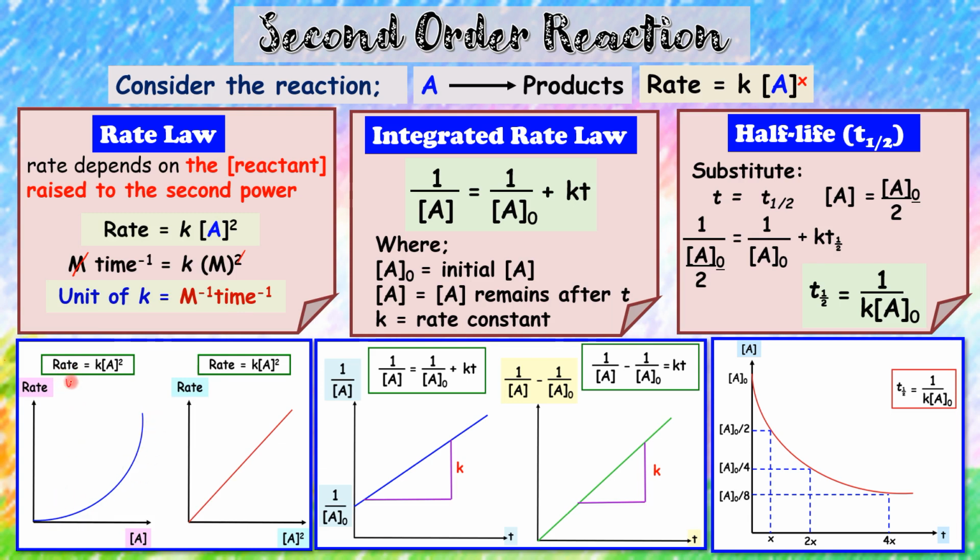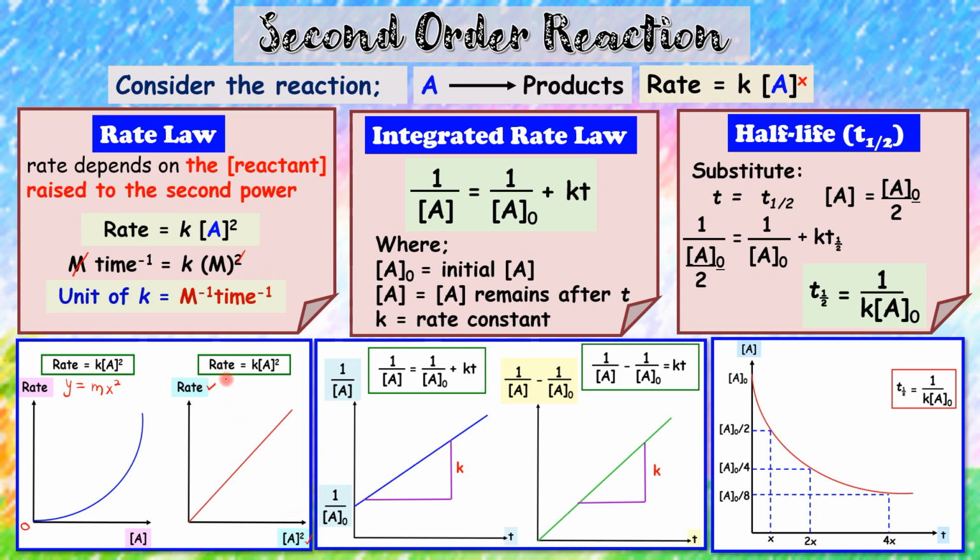Rate here is equal to y, k here is equal to m, and concentration of A is equal to x squared. So this is the graph of y equals mx squared, a quadratic graph starting from the origin. If you want to get a linear graph, then we can plot rate versus concentration of A to the power of 2.